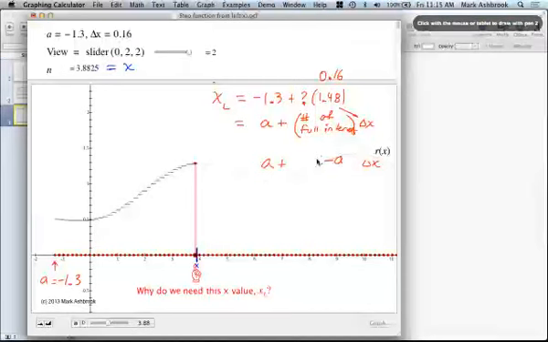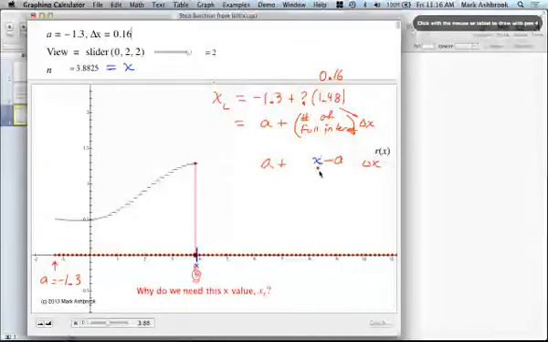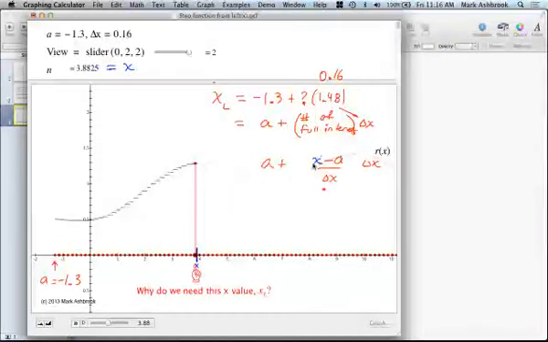Current. I'm going to make it blue because it's the current value of x, so it's the true distance from the starting point to where we are. And you want to divide that by delta x. What does that whole fraction mean, not what number, but what does it mean?